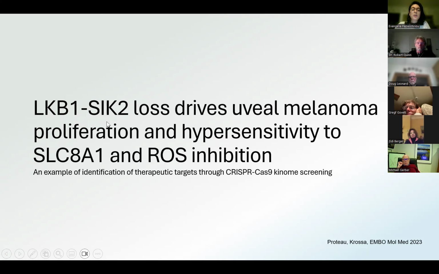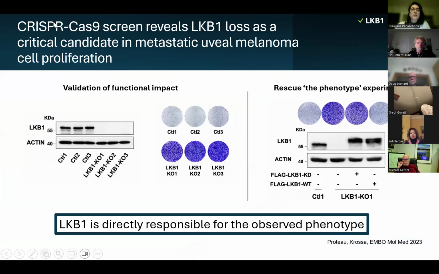They showed that LKB1-SIK2 loss drives uveal melanoma proliferation, with an implication of SLC8A1 and ROS inhibition. Like we said before, with the CRISPR-Cas9 screen we can identify potential targets, and this screen has shown that LKB1 loss is critical to regulate metastatic uveal melanoma proliferation.